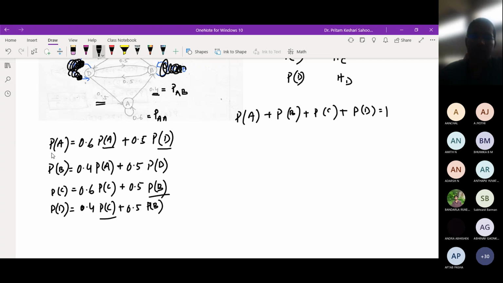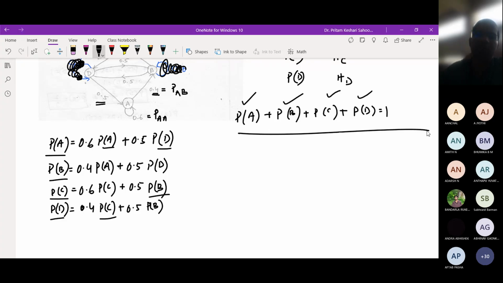Using this, you will again get one more equation. So in this way, by solving this, you can find out the values of P of A, P of B, P of C, P of D.